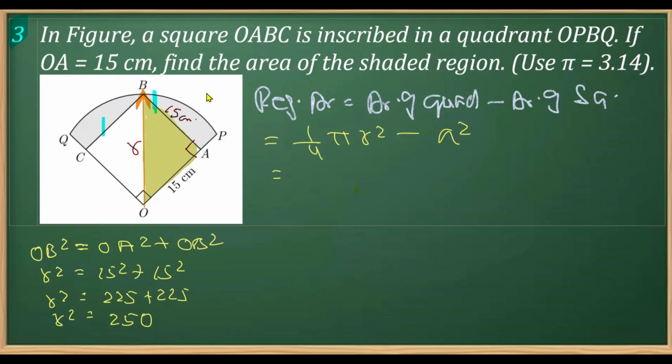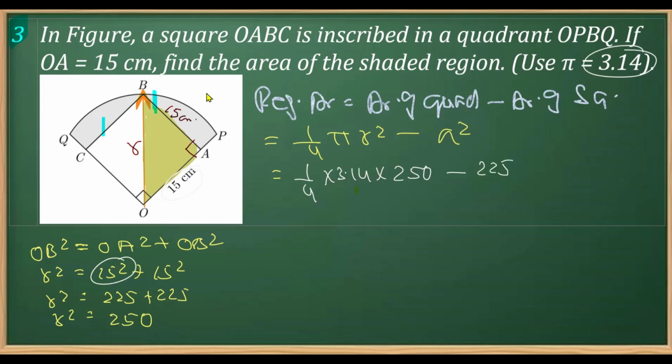Now check, if I start placing the values here. Let's say I replace pi with the value given, which is 3.14, into R square, which we have obtained as 250, and 15 square is 225, which we have already calculated.